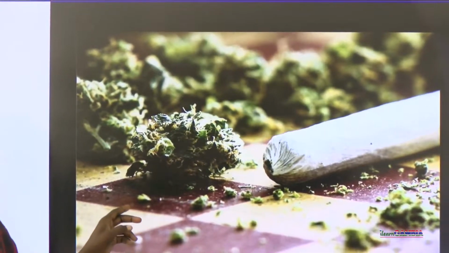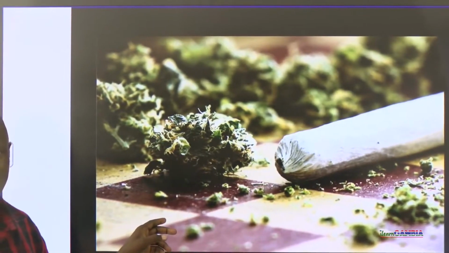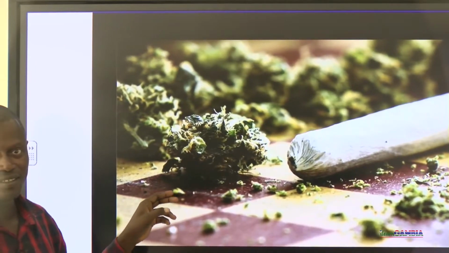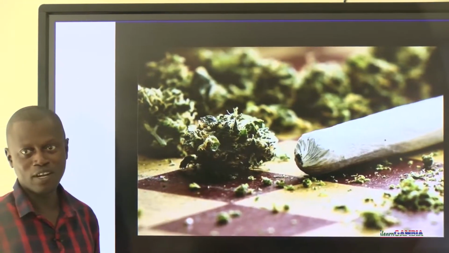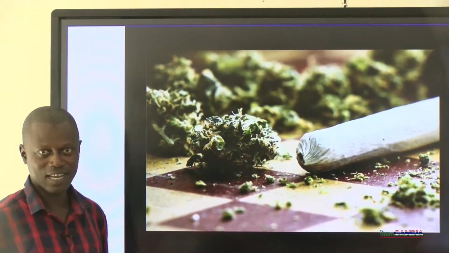One of them is the one you are seeing on the slide right now. This particular drug is known as marijuana. Some will call it Thai, some will call it Yamba, or others will even call it Bakso.